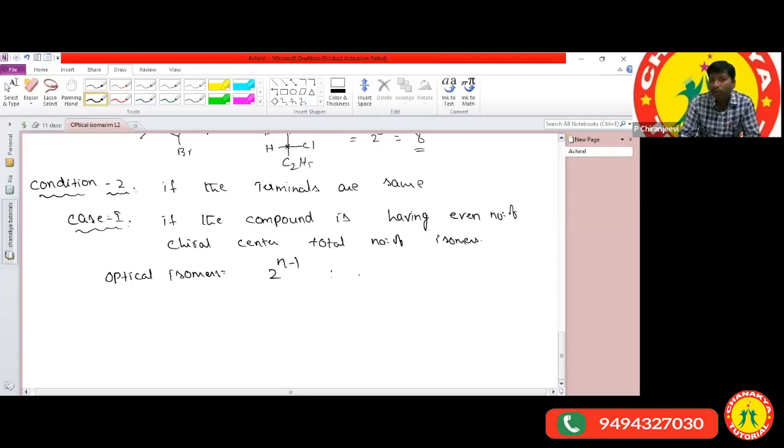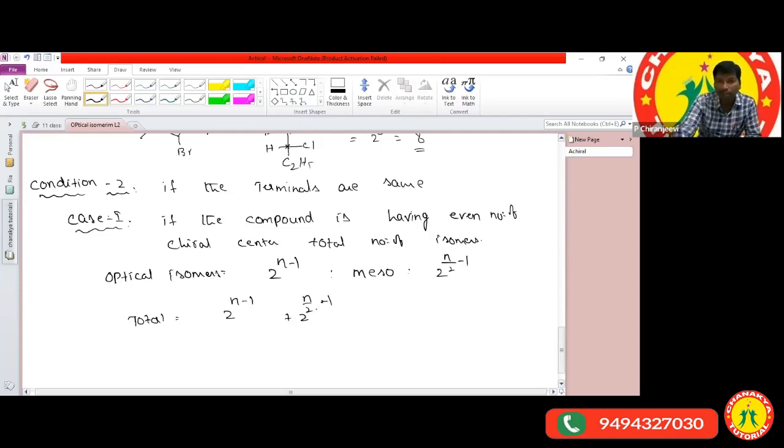And for meso compounds, the formula is 2 power n by 2 minus 1. So the total number of isomers is equal to 2 power n minus 1 plus 2 power n by 2 minus 1. So this is the formula.